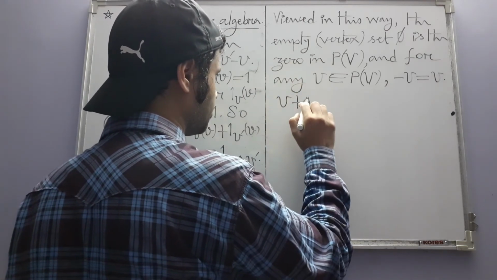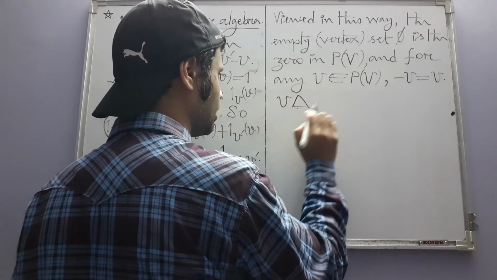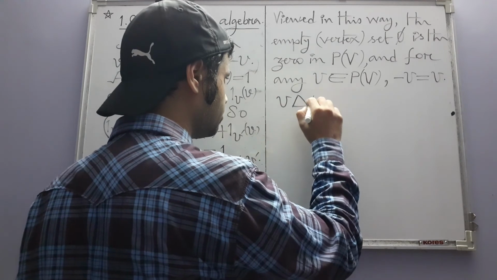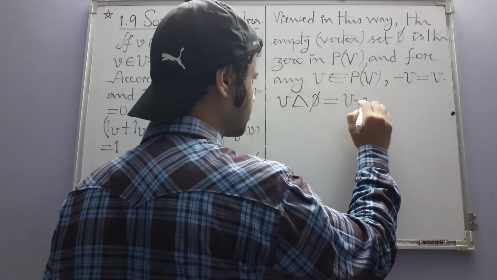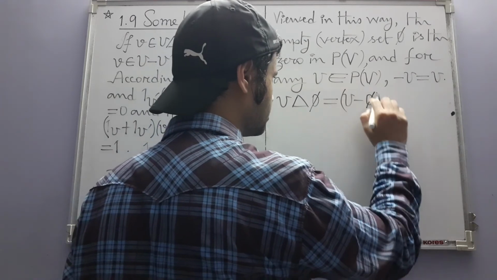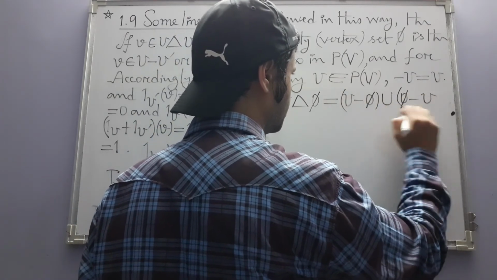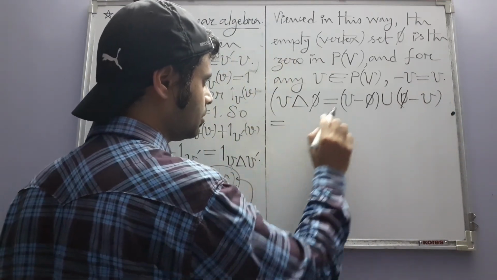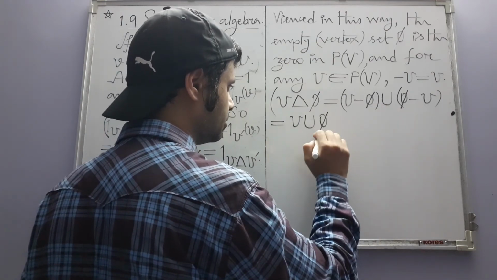If you, for example, calculate the symmetric difference of an element U and the empty set, what do you get? U difference the empty set union the empty set difference U. Now this is nothing but U, and this is the empty set again.